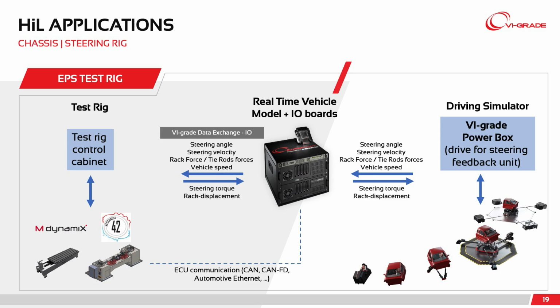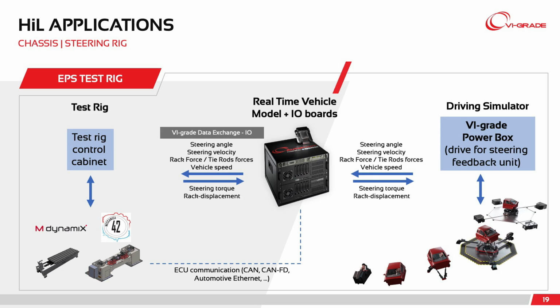So the vehicle model, the real-time model, runs on the real-time system. Through the help of I/O boards, there is also a possibility to directly connect and manage the ECU of the steering system, of the EPS. So they are also live streamed with the proper protocol, that will be CAN or CAN FD lately, or even the future automotive Ethernet.